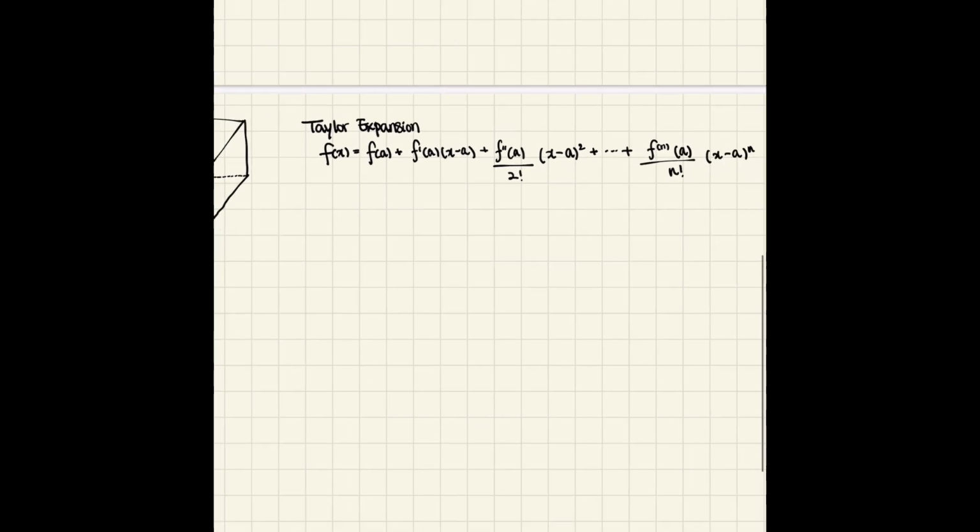In multivariable calculus, we learned that the Taylor expansion is another way of writing y equals mx plus b, which is using the slope and plugging in the difference of the x values in order to find a new point in a Cartesian coordinate system.